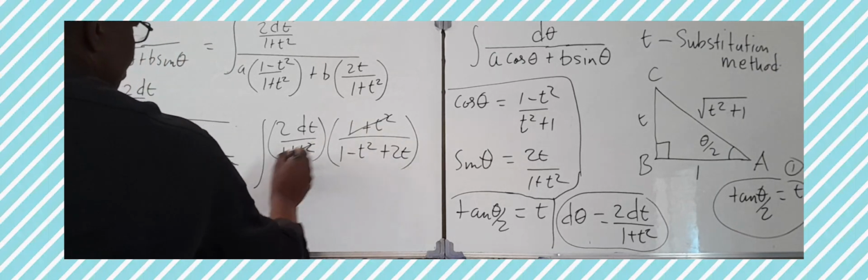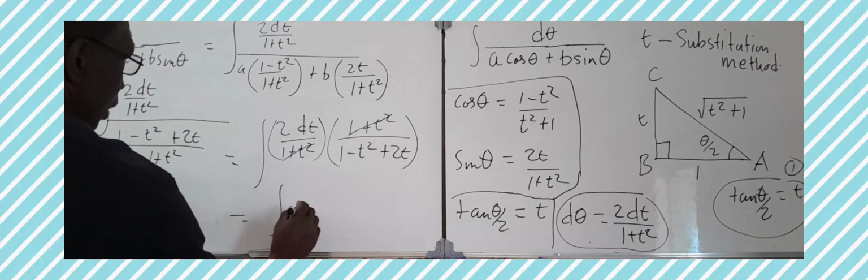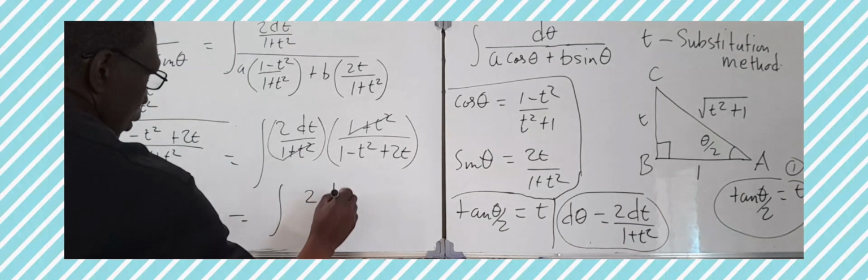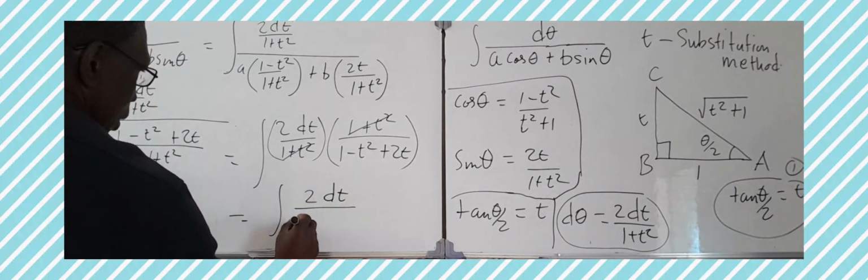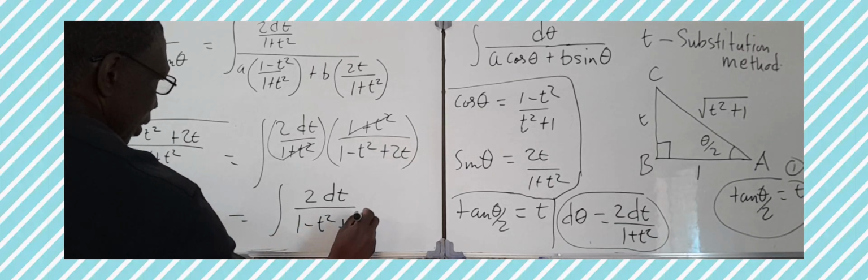This cancels and that cancels. And what is left now is 2 dt over 1 minus t squared plus 2t.